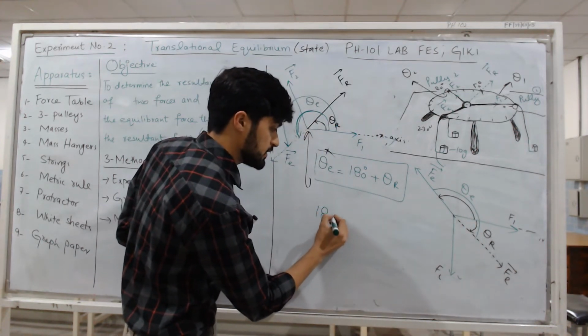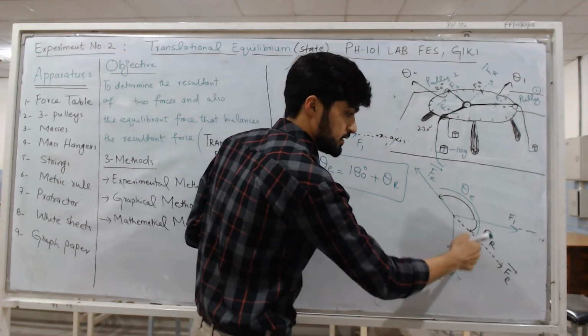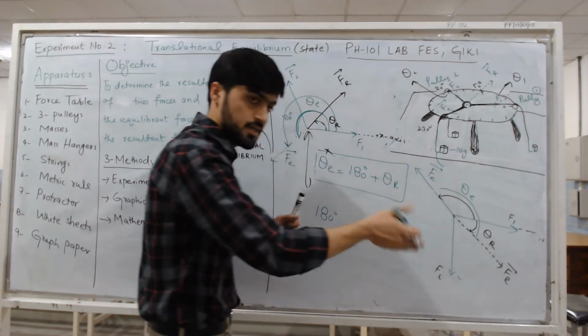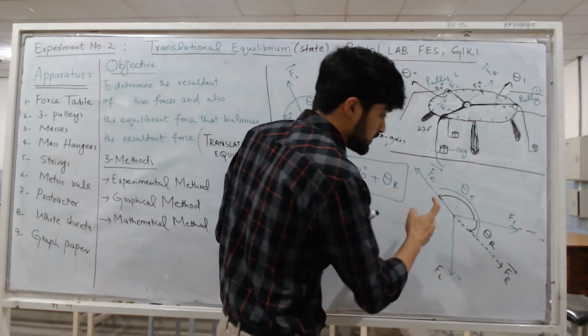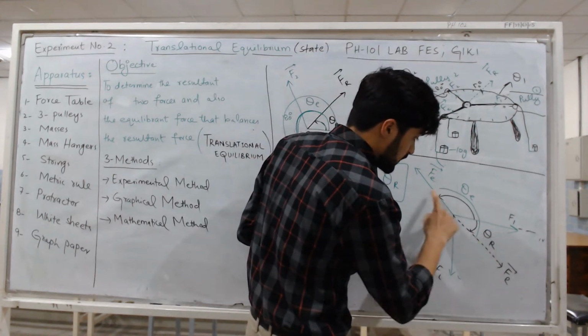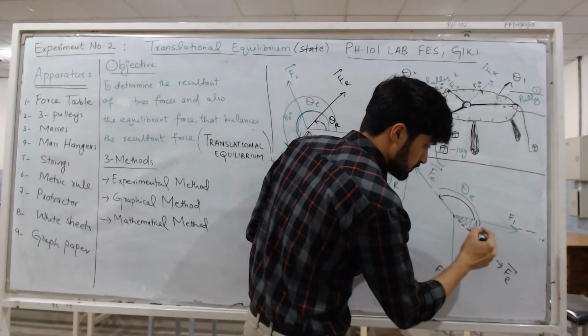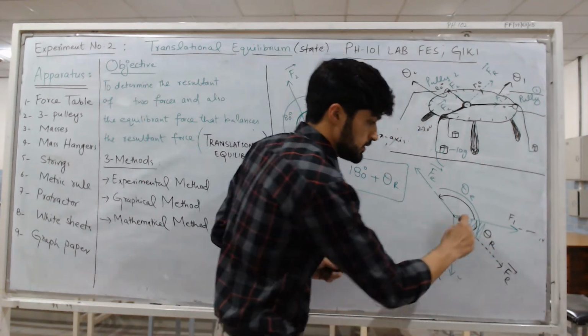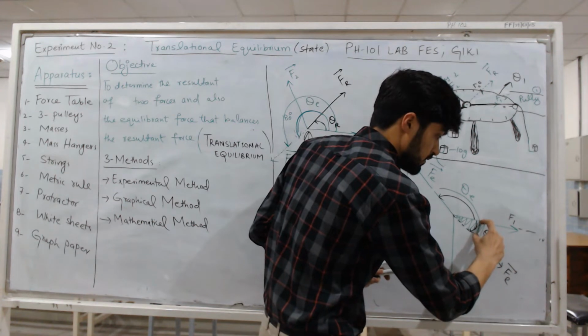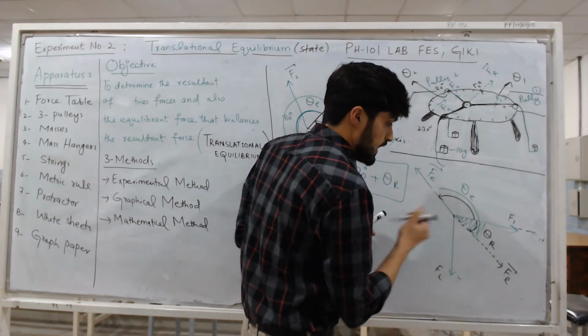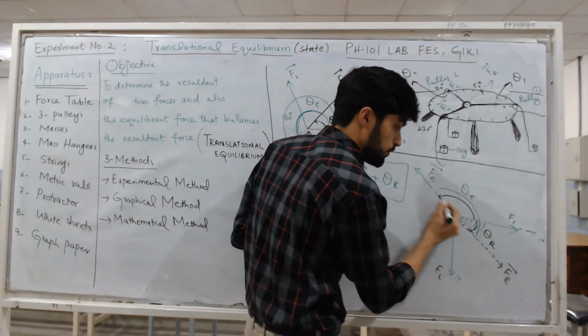180 degree is this complete green semicircle. This is because these two forces are at 180 degree. So if I subtract theta R from this 180, if I subtract this theta R from this 180 degree, I will get this black arrow.